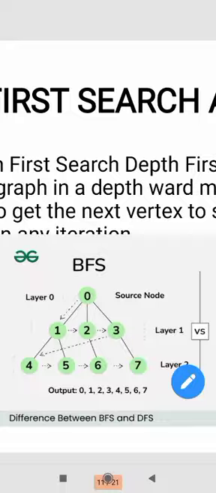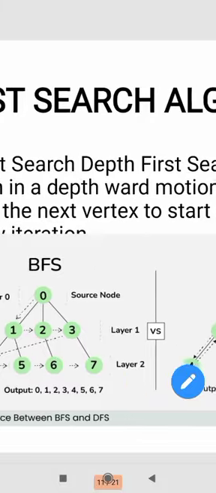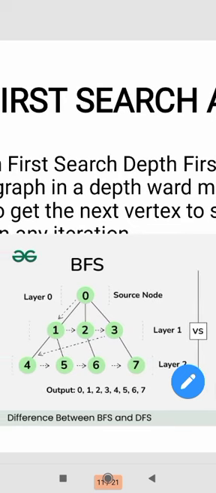So 0 is in the first layer, 1, 2, 3 in layer 1, 4, 5, 6 in layer 2. So what will be the output? 0, 1, 2, 3, 4, 5, 6, 7.